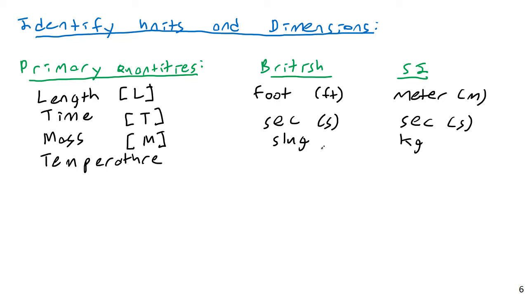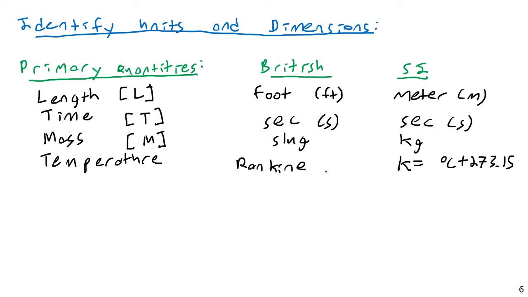And temperature, we may primarily use Kelvin, and for Kelvin there's no degree sign, and it is degrees Celsius plus 273.15. Now, you may not be aware of this, but there is also an equivalent to Kelvin for Fahrenheit, and that is the Rankine system.